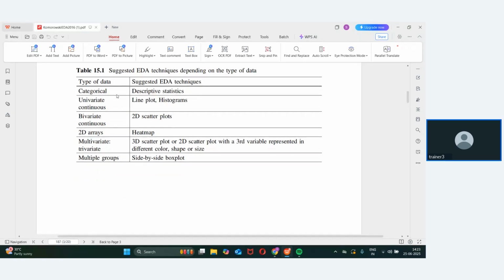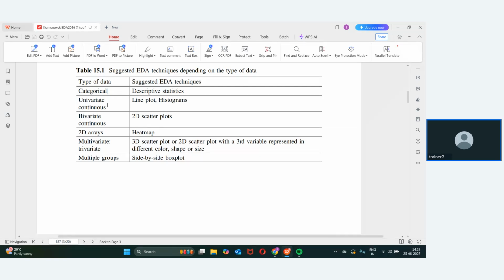If we are dealing with categorical data, then what is the suggested EDA technique? Statistics. And if we are dealing with univariate data, and it is also continuous, categorical and continuous, data is generally of these types.